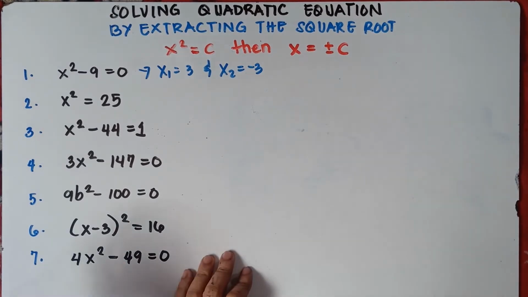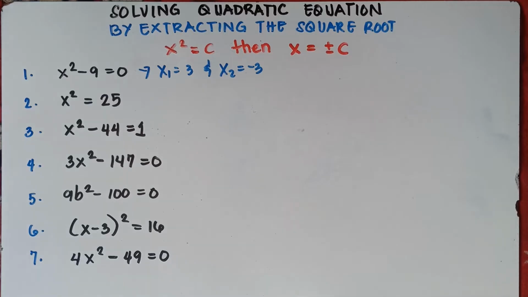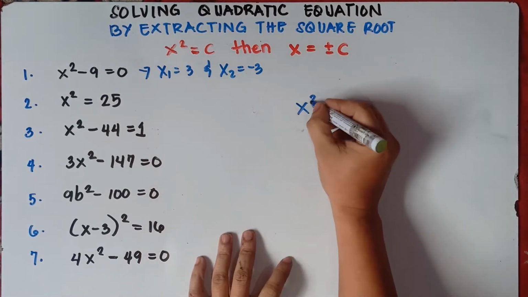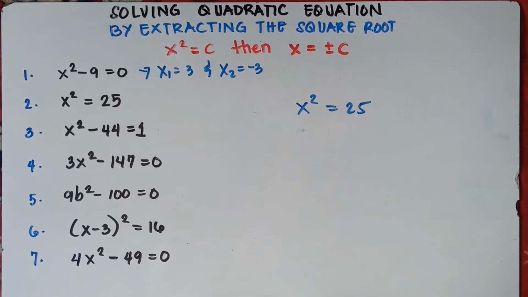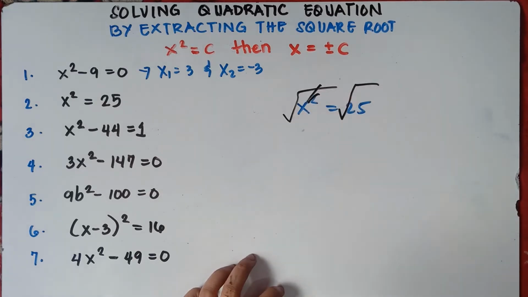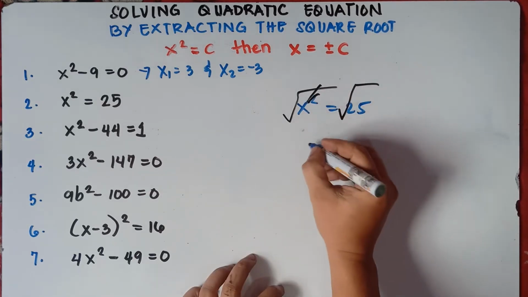For number 2, class, the constant is already on the right side of the equal sign, so there's no need to transpose 25. Simply copy x squared equals 25, and then get the square root of both sides so that you can cancel this out. The square root of x squared is x.